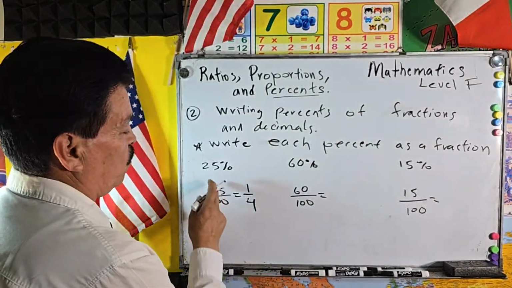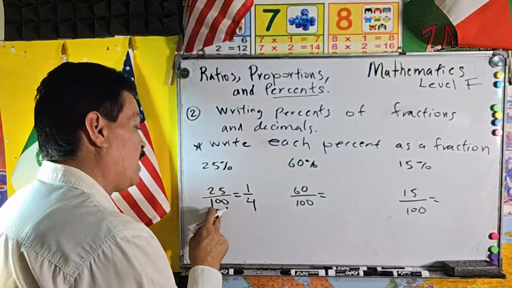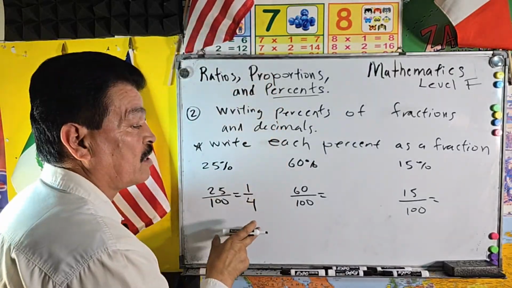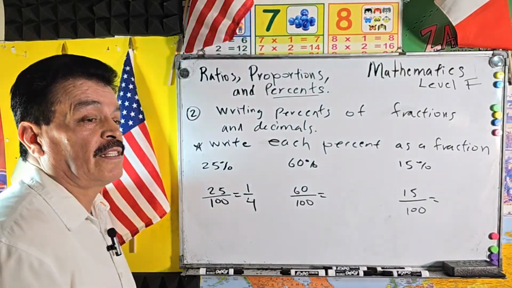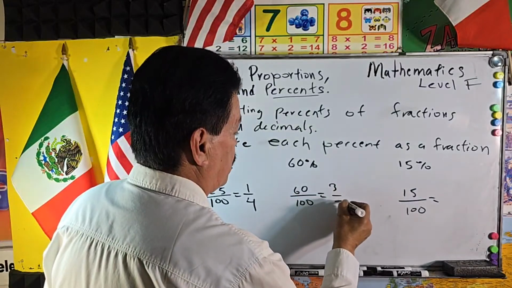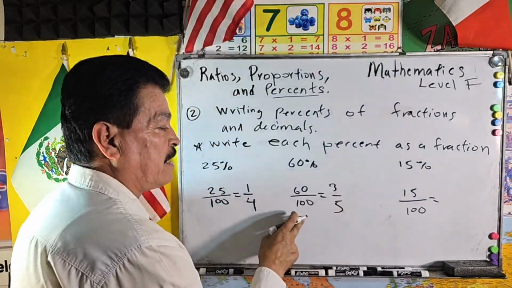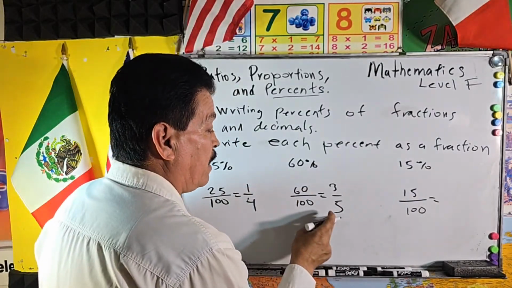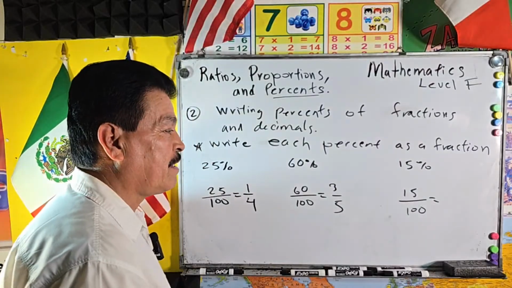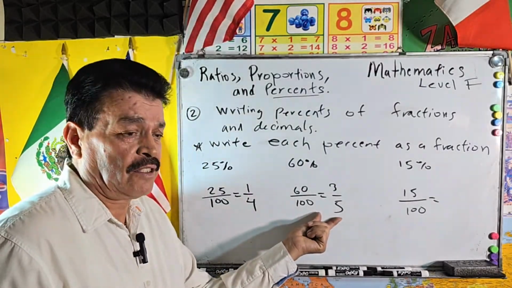Remember before, 25 times 4 is 100, 100 times 1, because we are talking about proportion. This is a proportion. That means it is right. And the second one is equal to 3/5. Why? 3 times 100 is 300, 60 times 5 is 300. See?